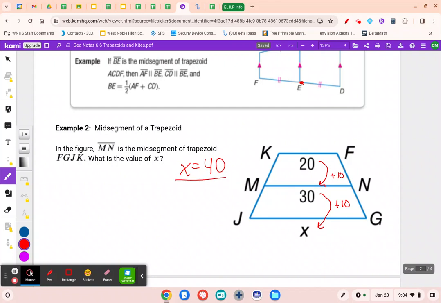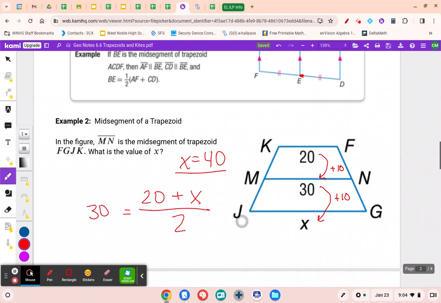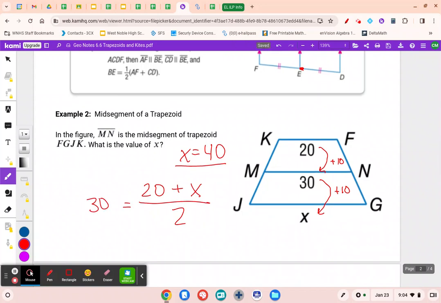If you do not like the idea of just thinking through it, you can actually set up a formula. You know the average of the outer, so 20 plus x divided by 2, because that's an average. You add the two things, you divide it by how many there are. This will have to equal 30. Now, this is the algebra setup. To solve this, I'm going to multiply by 2 on both sides.